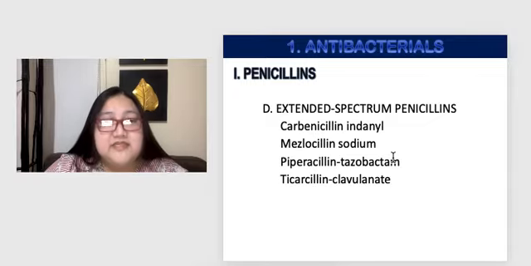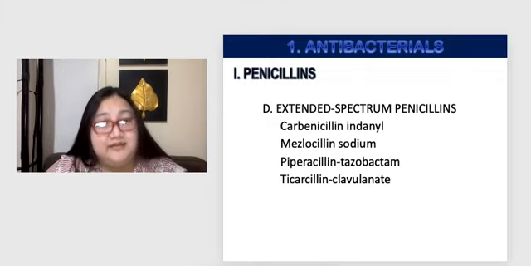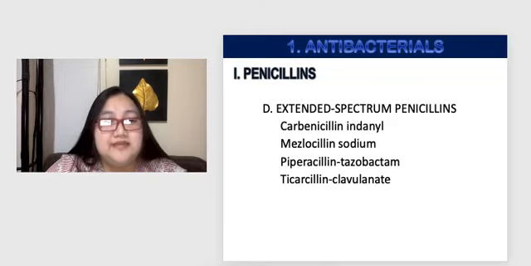Again, si extended spectrum ay hindi ulit penicillinase resistant. Kaya pwede ulit mag-add dito ng beta-lactamase inhibitor. So here you can see piperacillin tazobactam. No? Also may ticarcillin clavulanate. So may dinadagdag sa kanila na beta-lactamase inhibitors.